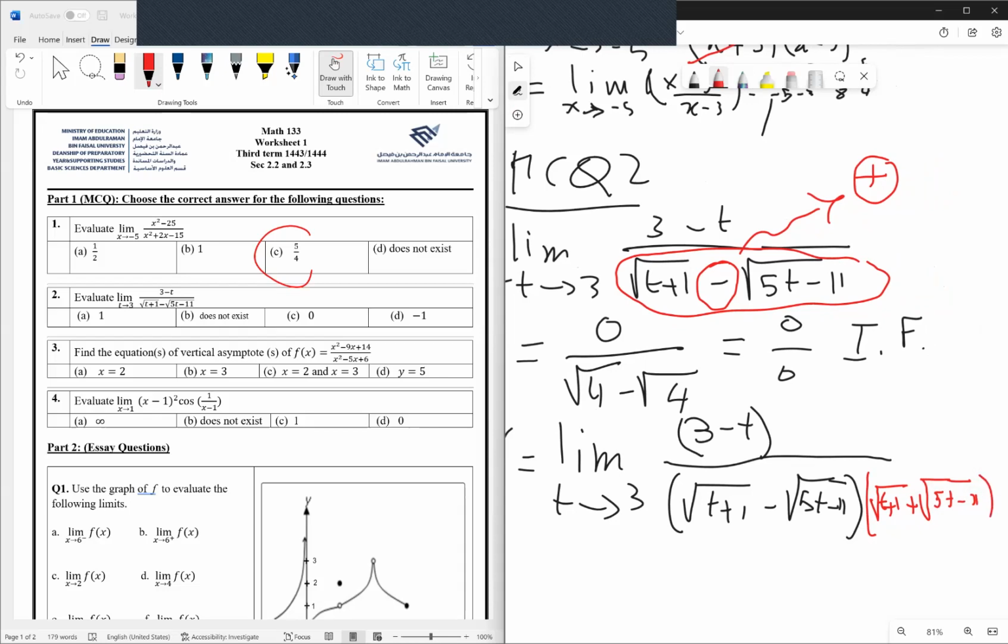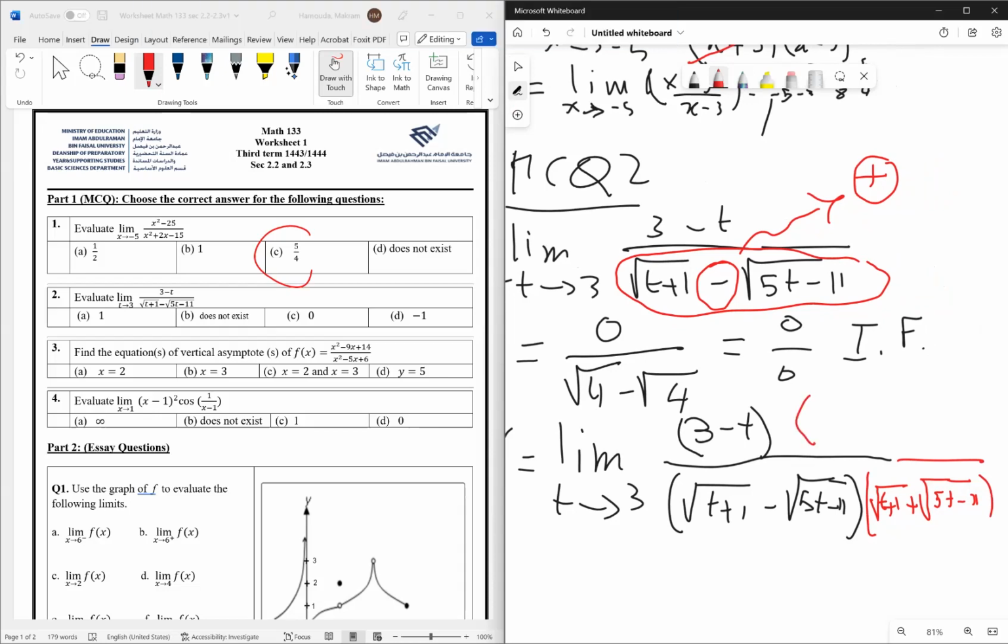Okay. And since I multiplied by the conjugate in the denominator, I will do the same thing for the numerator to not modify our function, of course, to be identical to the previous function.